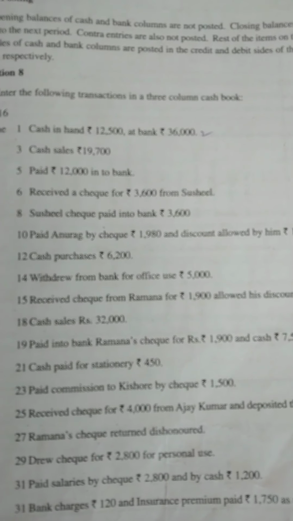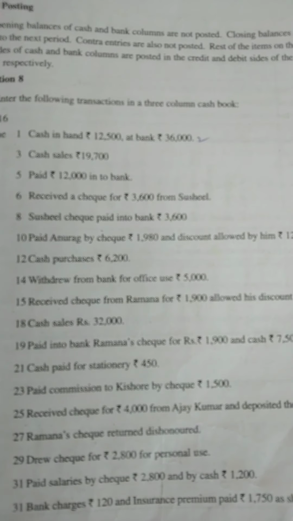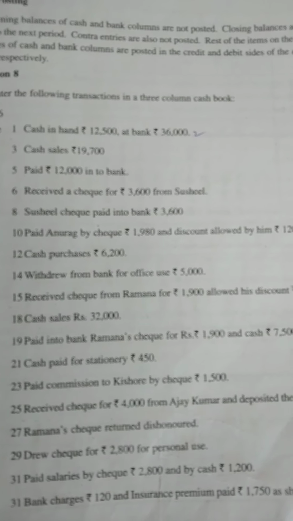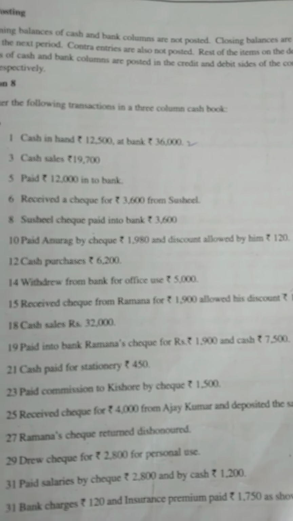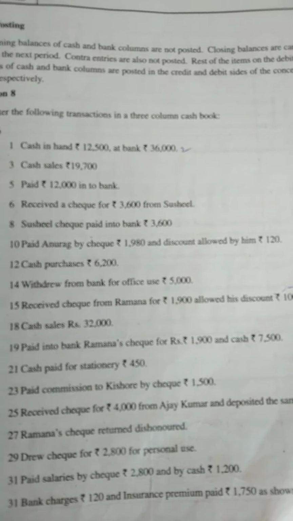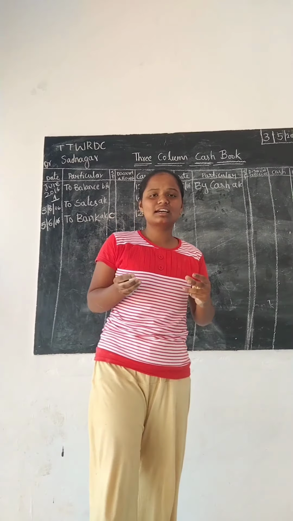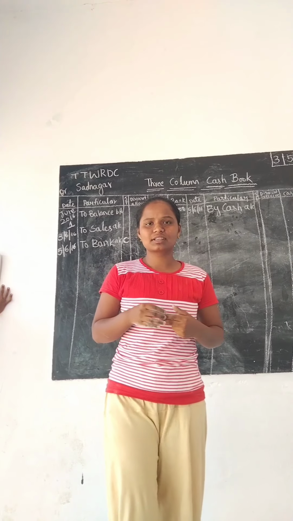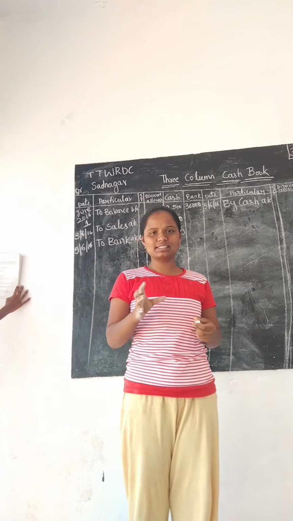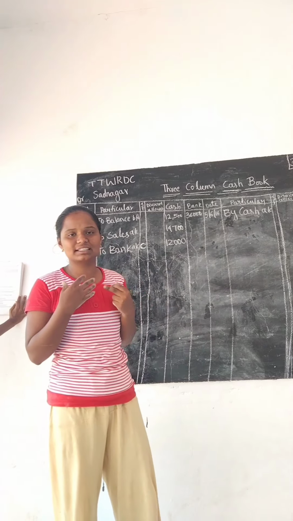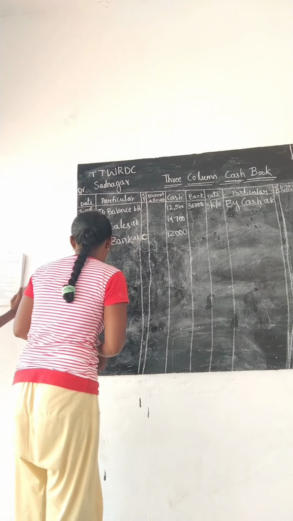On 6th date, receiving a check for rupees 3,600 from Sushil. On date 6, they are receiving money from Sushil. It means it is also debit because we are getting the money from Sushil.